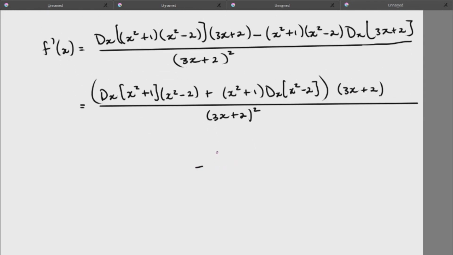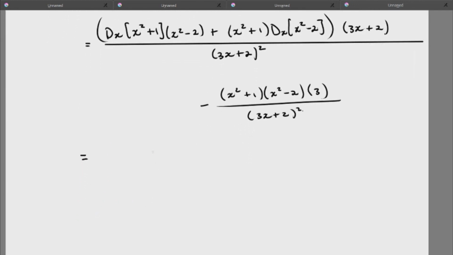I'm clearly out of space. I'm going to have to do it over here. The second term, x squared plus 1, x squared minus 2 stays. And I might as well do the derivative there, 3. Now finishing up those last two little derivatives should not be a problem. I'm going to write it out so I don't show you bad habits.